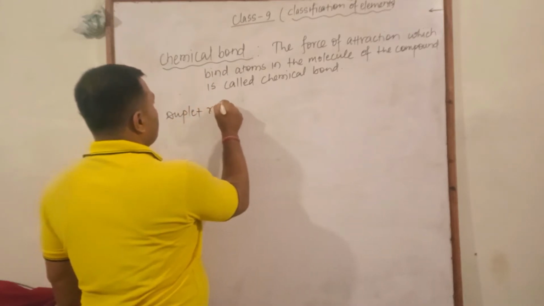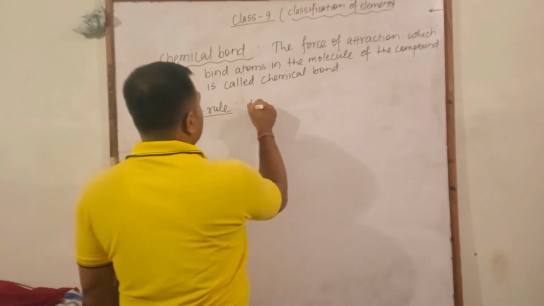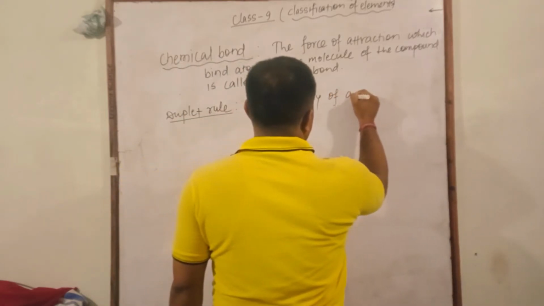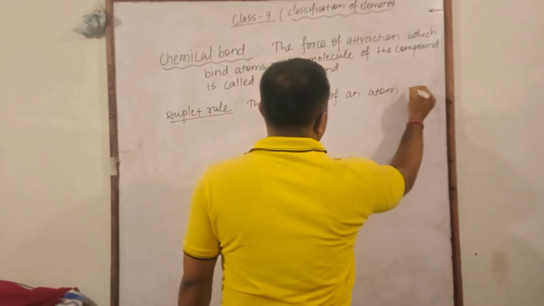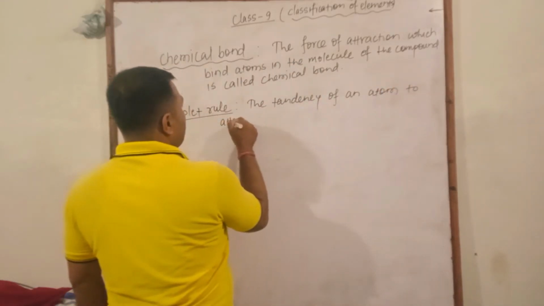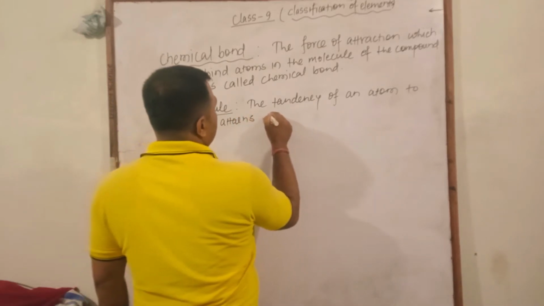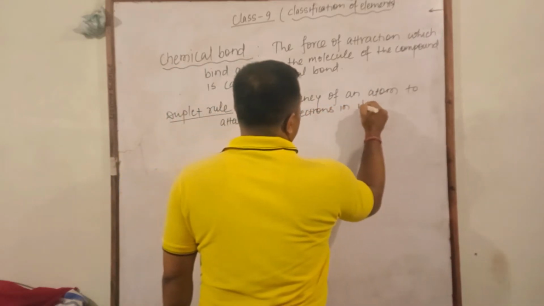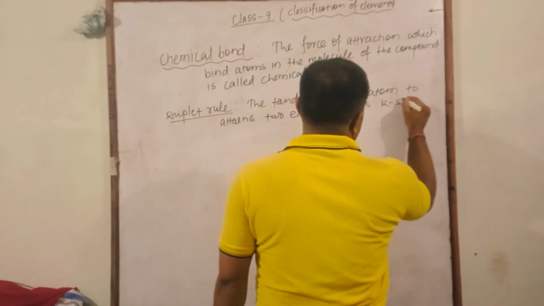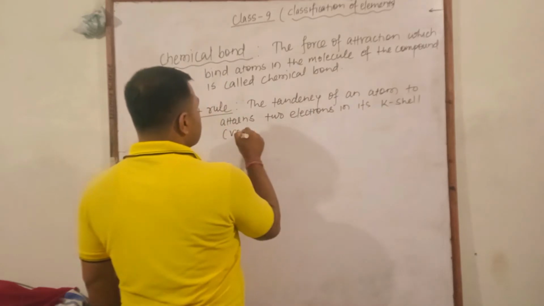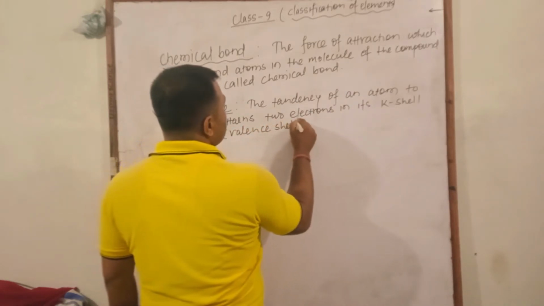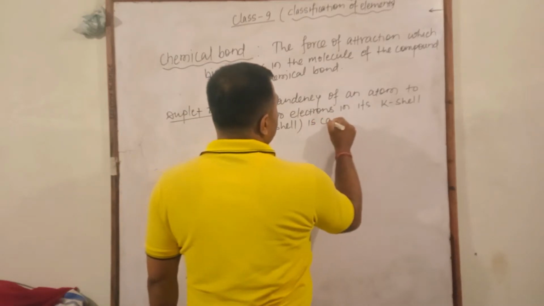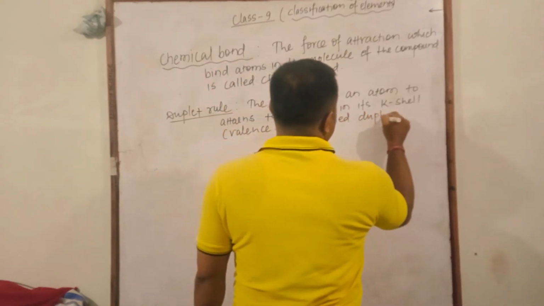At first, duplet rule. The tendency of an atom to attain 2 electrons in its K cell, when the K cell is the valence cell, is called duplet.